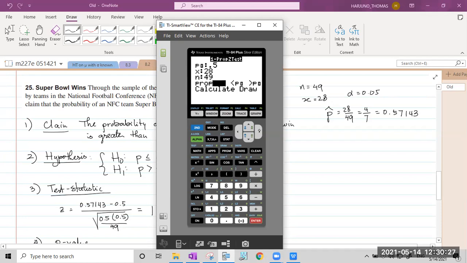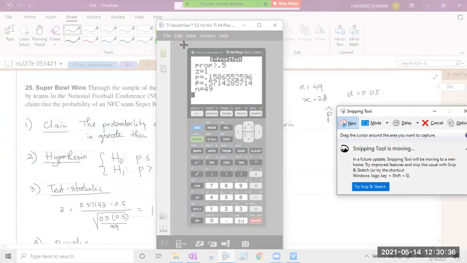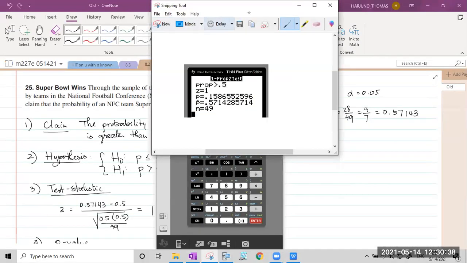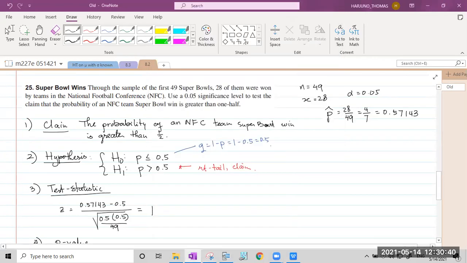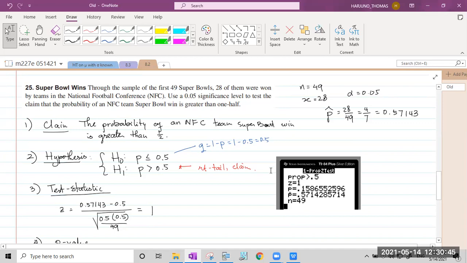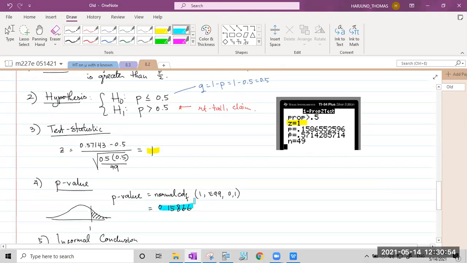And we are testing greater than 1/2. So you see that the test statistic is exactly equal to 1. The p-value is this. Okay, so they are both confirmed.